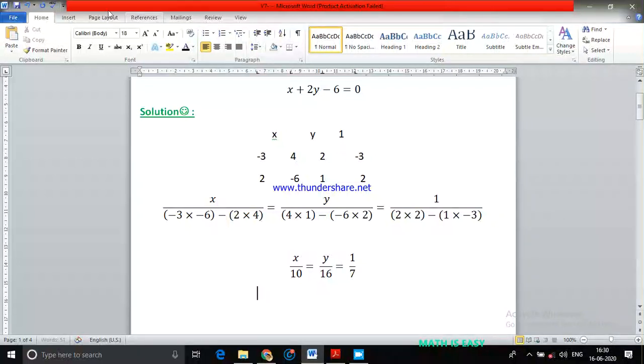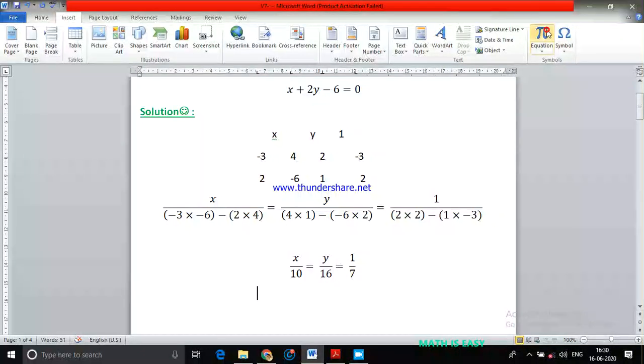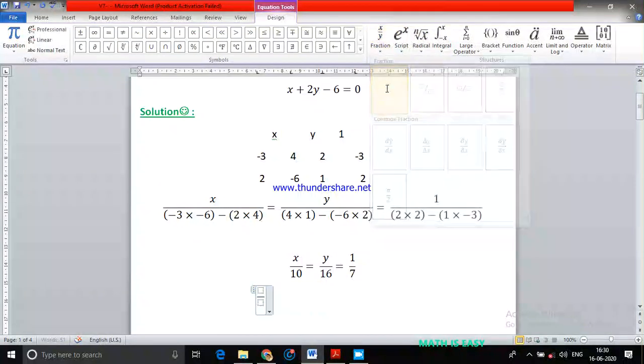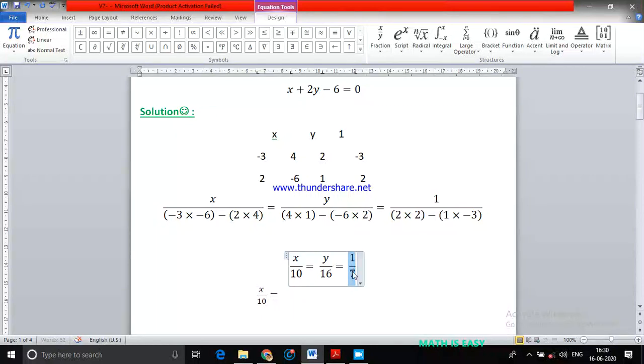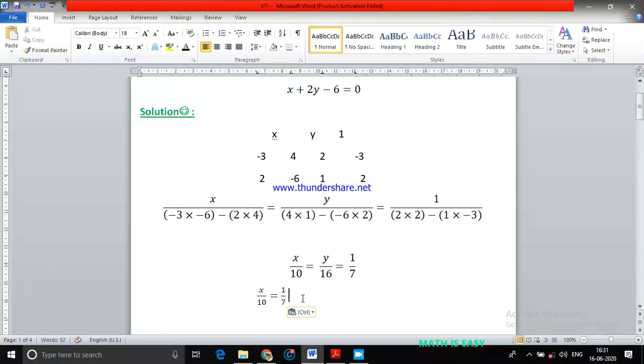Next step what I do is, here 3 fractions are equal, right? If 3 fractions are equal, I can rewrite it as x upon 10 must be equal to 1 by 7. So which implies, what do you get?